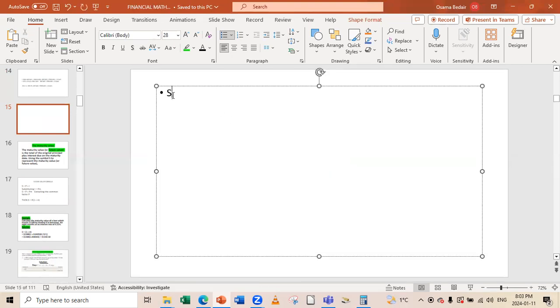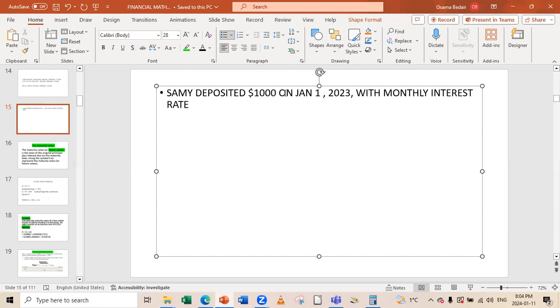Let's say Sammy deposited $1,000 on Jan 1, 2023 with a monthly interest rate of 1%.